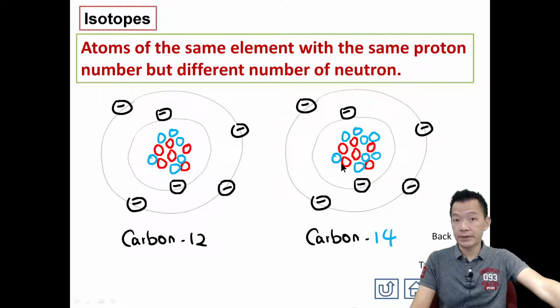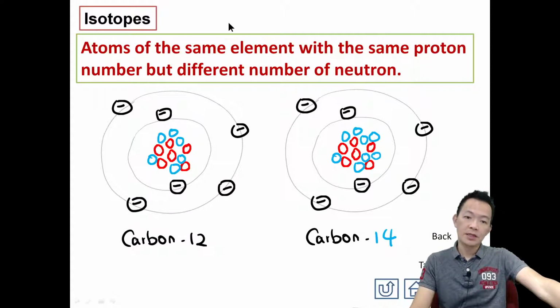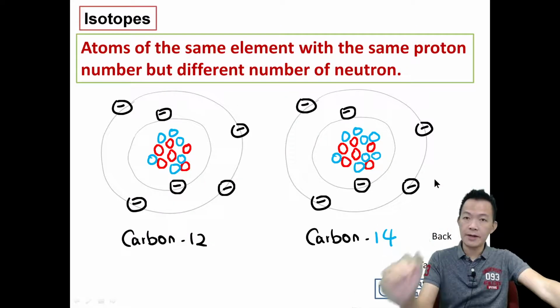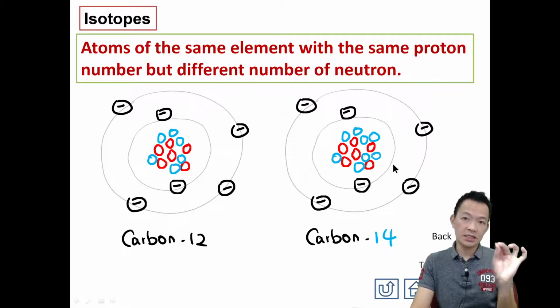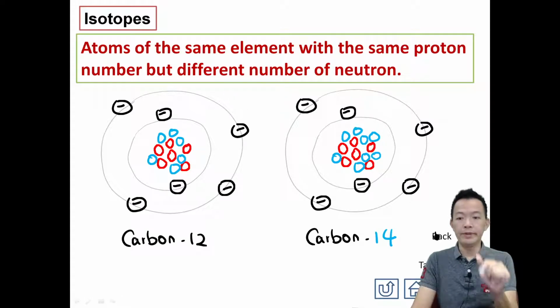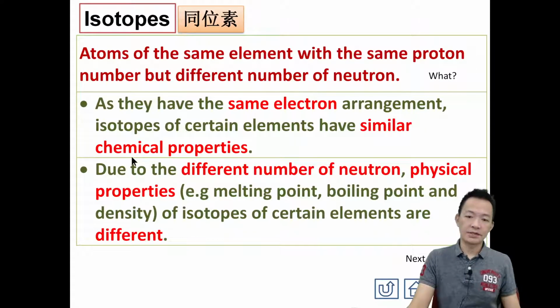For example, the atomic mass: carbon 14 is higher than carbon 12, it is heavier. The density, boiling point and melting point will also be a bit different. So the chemical properties are the same, but the physical properties will be different. Copy on your notes.